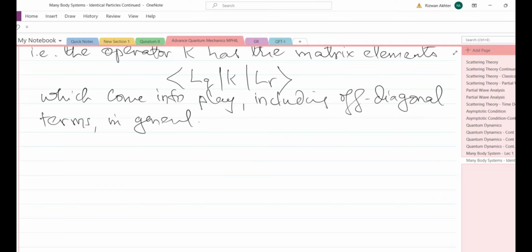Basis की definition की मदद से वो diagonal के matrix elements लाएंगे, but in general it is true for both. Yeah.